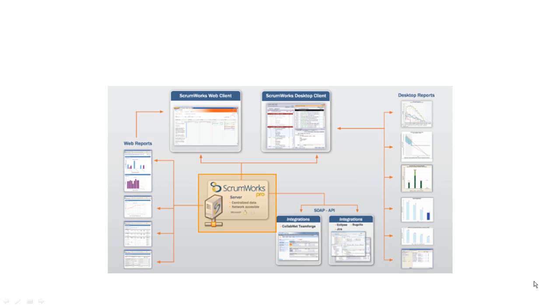Advanced desktop reports are available to logged-in users through the desktop client application. Web reports can also be directly retrieved from the server using a web URL address that doesn't require the viewer to log in.